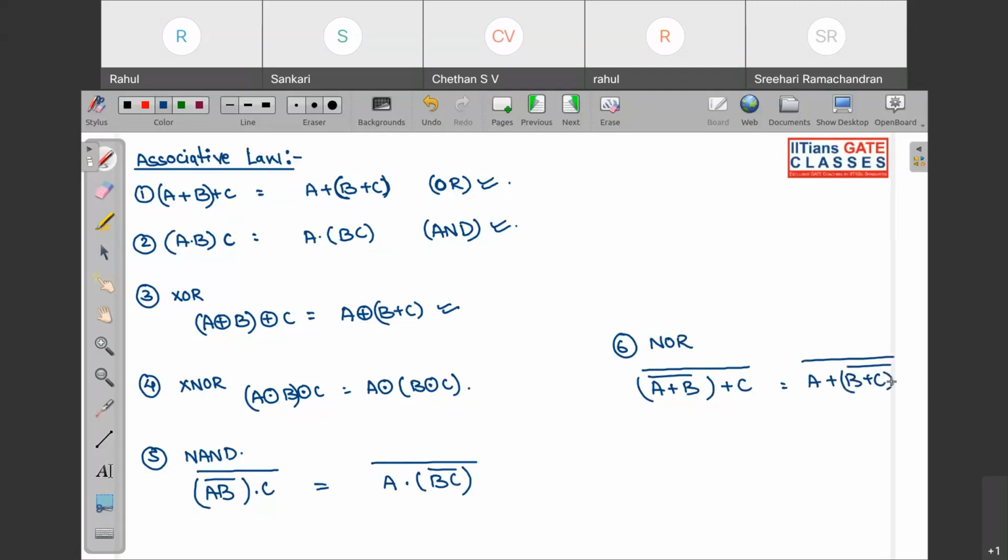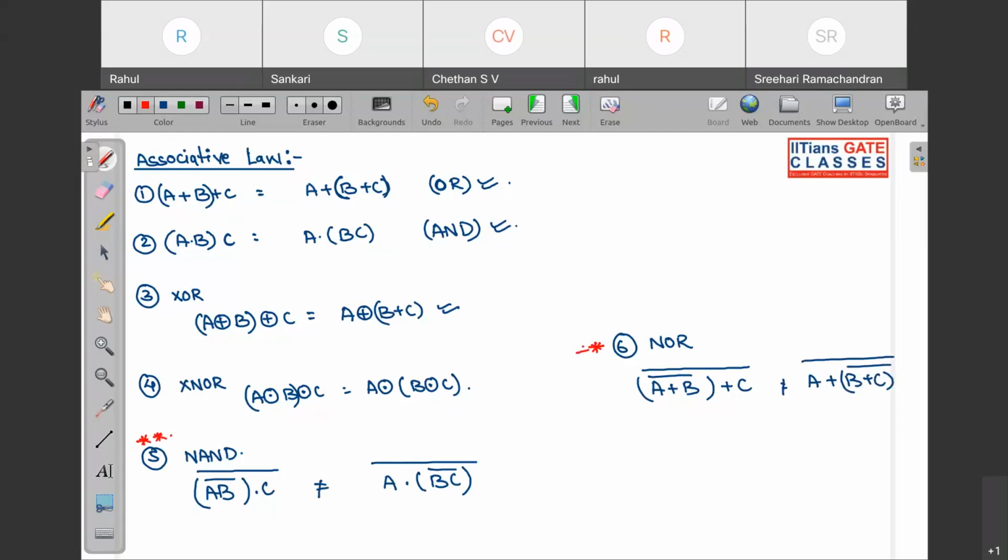Is this equal? No. Very good. It is not equal. So NAND and NOR gate, they don't follow associative law.